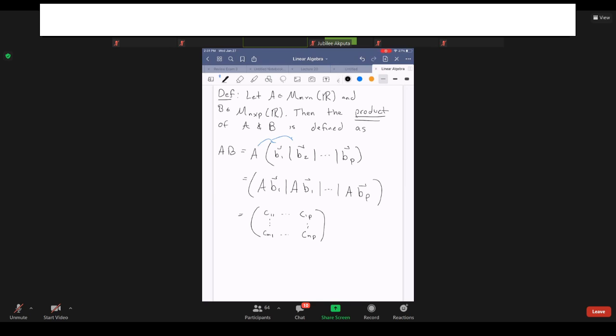The second way is where each of these entries is C i j. Well, what is the ij entry of this thing, for a fixed i and j? This is how we define it.